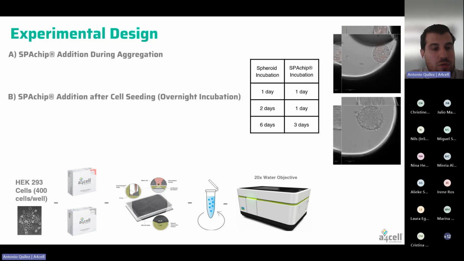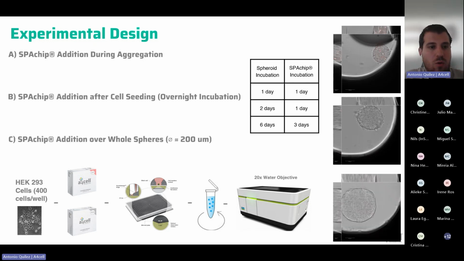Also, we allowed the spheroids to form and to aggregate, and then we incubated the spheroids with the SpheroCHECK for 1 more day. And then we wanted to have a whole sphere formed of around 200 microns. And then we added the SpheroCHECK and looked at them 3 days later.